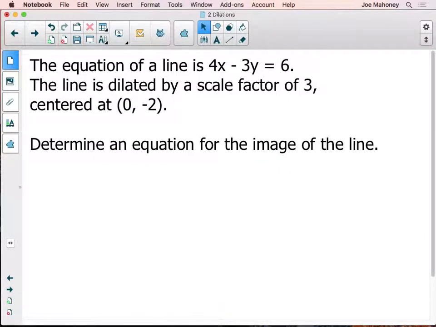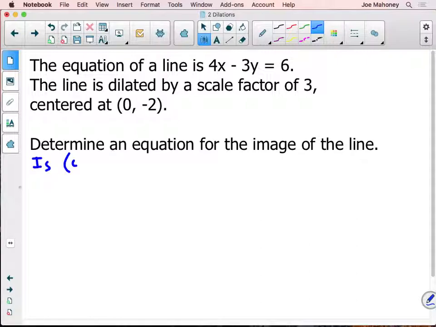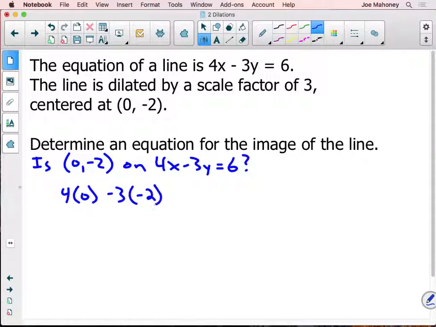Let's take a look at one more of these. I have 4x minus 3y equals 6, a dilation of scale factor 3. The center's at (0, -2). My first question, is that point on the line? Let's figure it out. Plug it in. I get 4 times 0 minus 3 times negative 2, which equals 6. Check it out, this is a true statement.